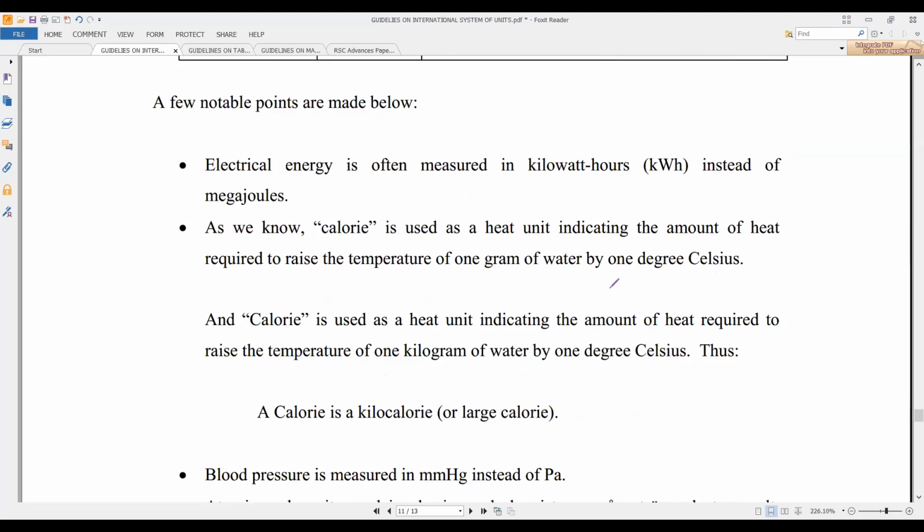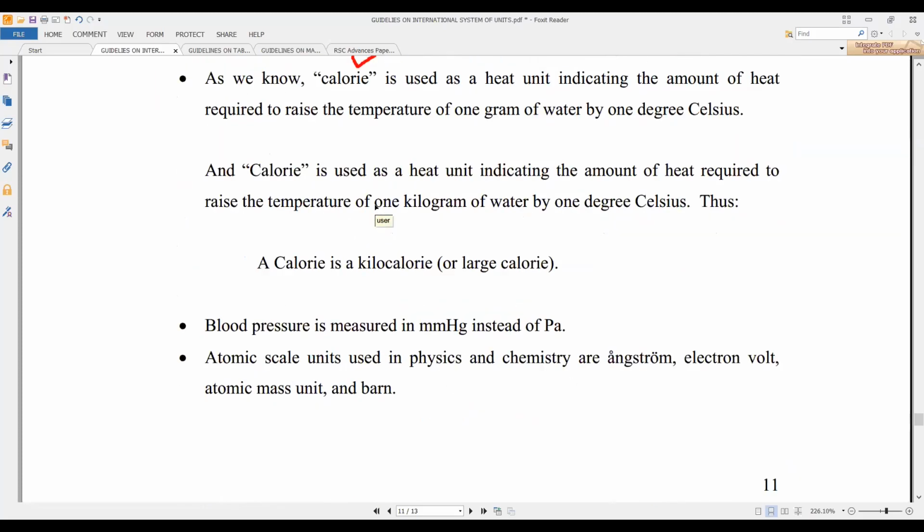And a few more things. Electrical energy, as it is energy, is often measured in kilowatt hour instead of megajoules or joule. Calorie is related to energy, and it is used as a heat unit indicating the amount of heat required to raise the temperature of 1 gram, or 1 kilogram, or unit mass of a substance by 1 degree centigrade.